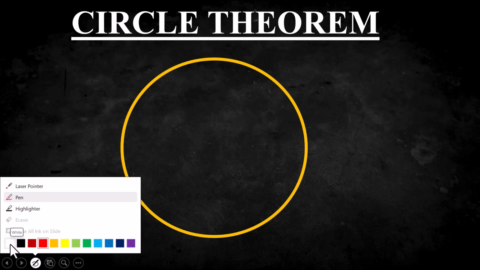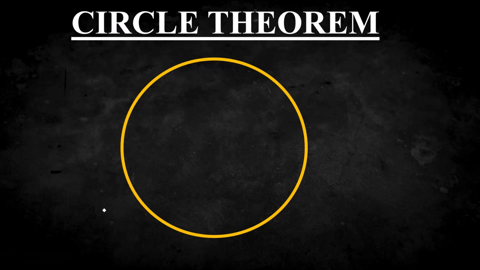Now in today's tutorials, we are going to look at one of the important topics in mathematics, that is circle theorems. So far as core mathematics is concerned, this topic is very important. Now let's consider this circle. We have the important part, that is the center here.